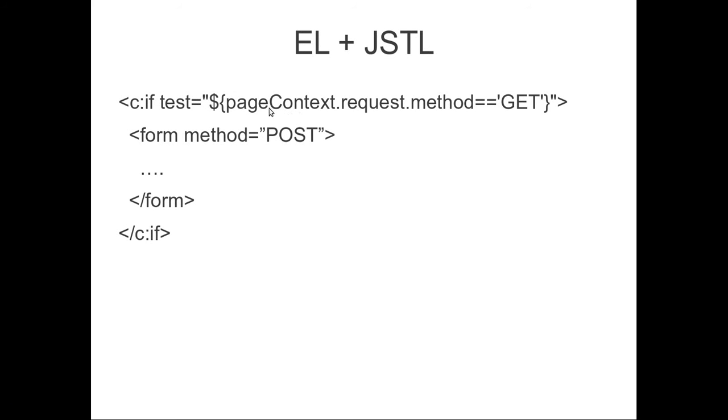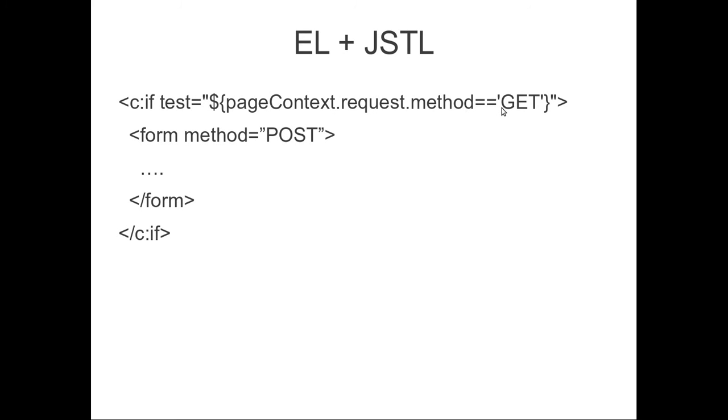So here's one that we saw before, and it's wrapped inside of JSTL. If you haven't already, you will check this out in the JSTL slides. What we're doing here is setting up a conditional. We're using the JSTL c:if, a conditional to say, should we display this form?